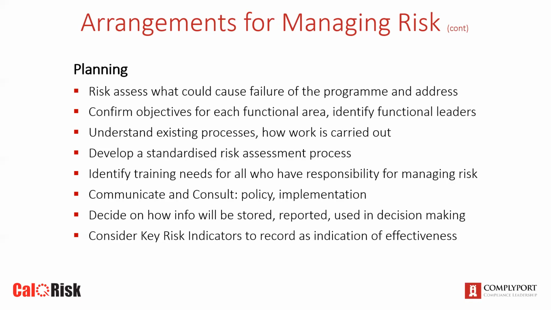Consider key risk indicators. This is always a good measure. And in terms of risk indicators, there are different types. Now, it's not the scope of this webinar to cover them all, but the two key ones you'll be looking at are stress indicators and failure indicators. Now, a stress indicator might be system downtime. It could be customer complaints. It could be sick days, people off sick.